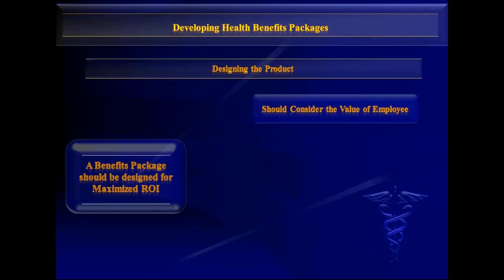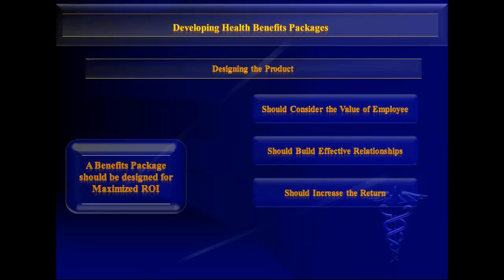So what we need to do is develop a product. We need to consider the value of the employee because we don't want to overpay. We need to build effective relationships with the employees, again, because we're trying to reduce some of the soft costs of absence and lack of employee satisfaction. We're trying to reduce the risk rate.